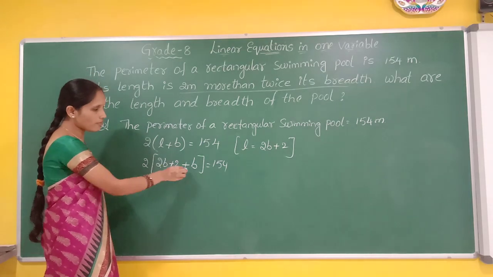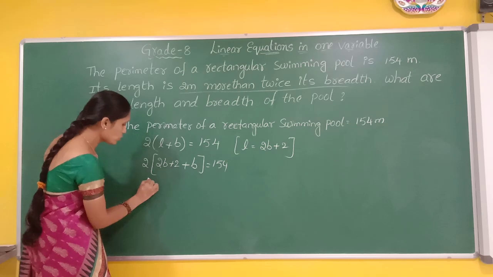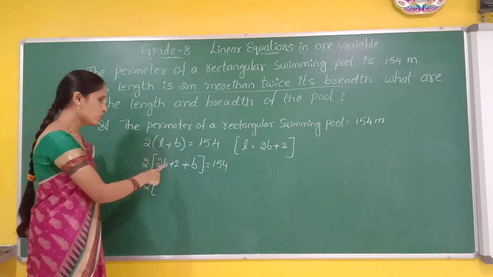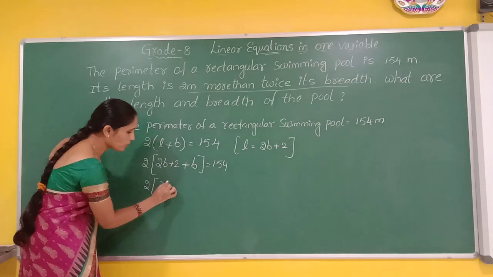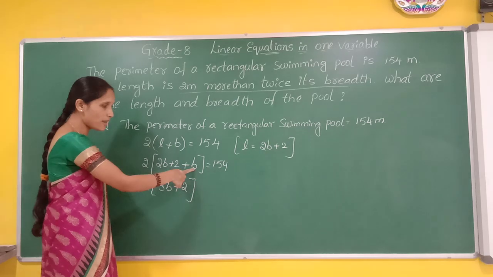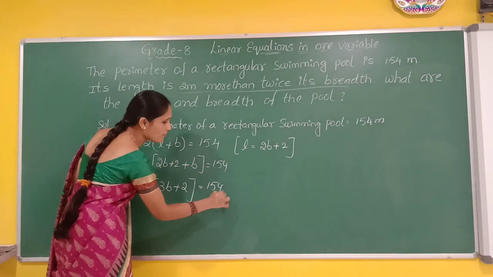Now we get an equation in a single variable, that is B. 2 into (2B plus 2 plus B). Adding 2B plus B, that is equal to 3B plus 2, that is equal to 154.